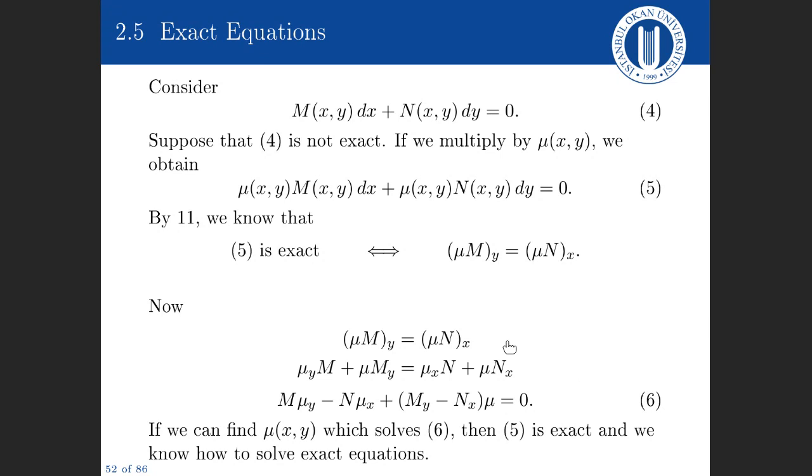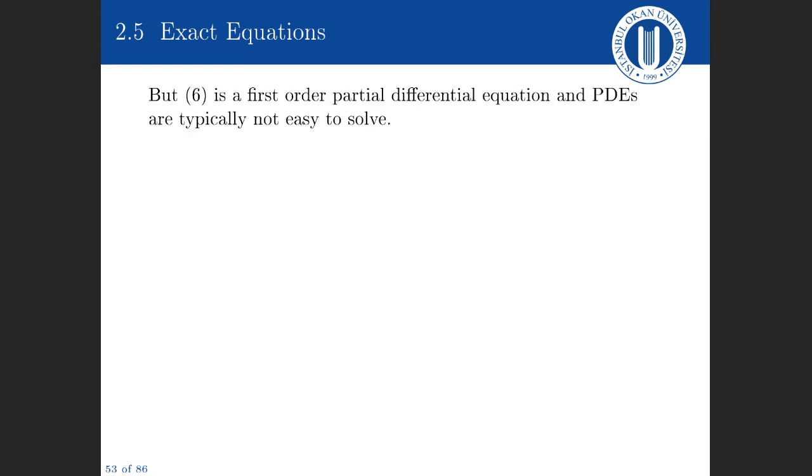If we could find a function mu which solves equation 6, then we would have equation 5 is exact, and we know how to solve exact equations. However, equation 6 is a first-order partial differential equation, and partial differential equations are typically not easy to solve.